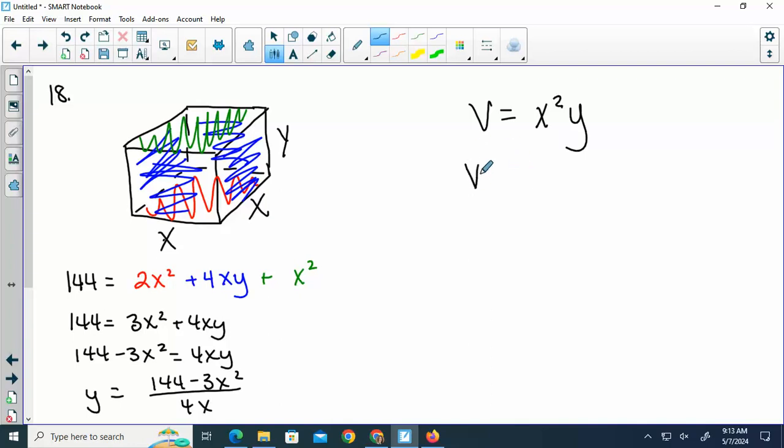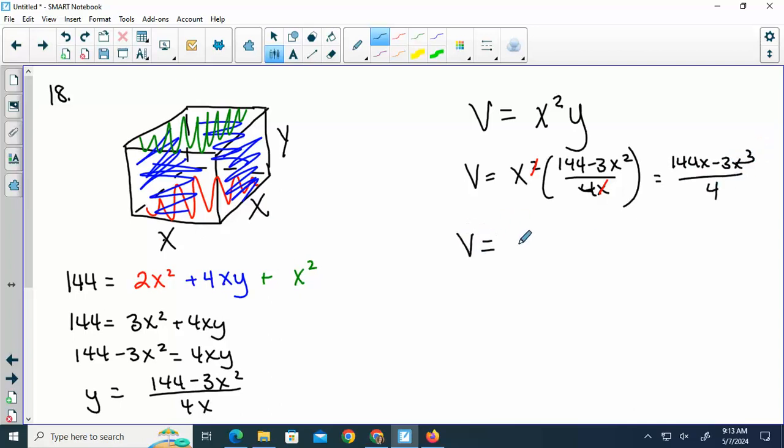So I put that into my volume. We could cancel one of these x's. So if we distribute, that's 144x minus 3x cubed over 4.